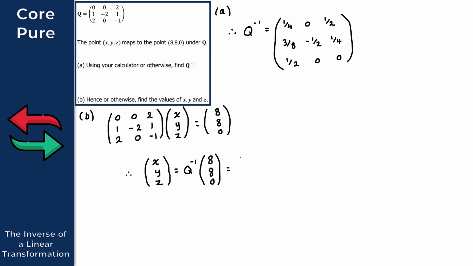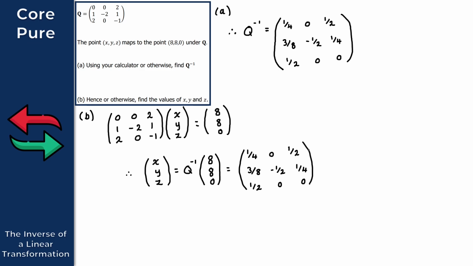So let's just write this down in full. Hopefully I'll have just about enough room here. 1 over 4, 0, 1 over 2. I've then got 3 over 8, minus 1 over 2, and 1 over 4. And then finally 1 over 2, 0, and 0.